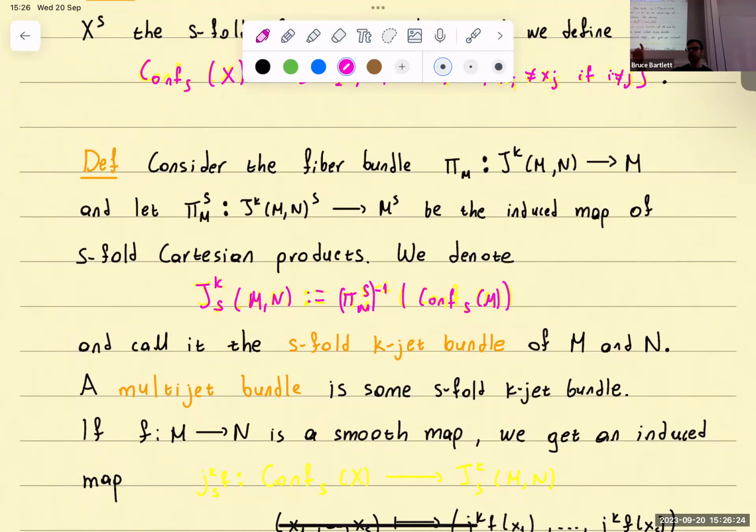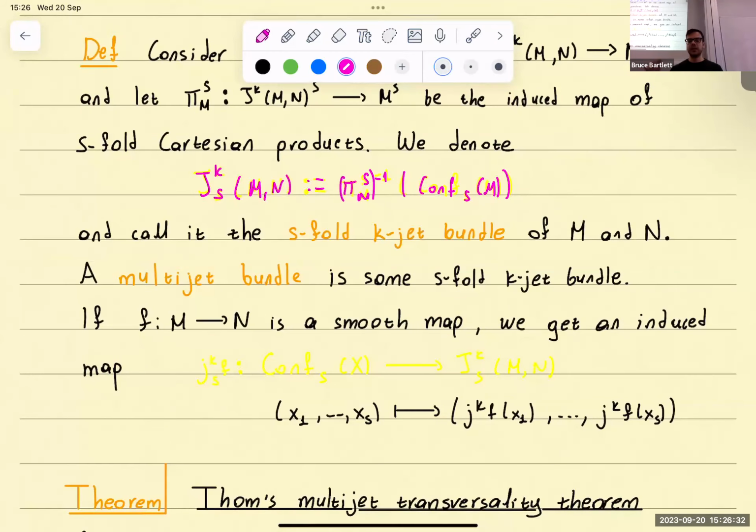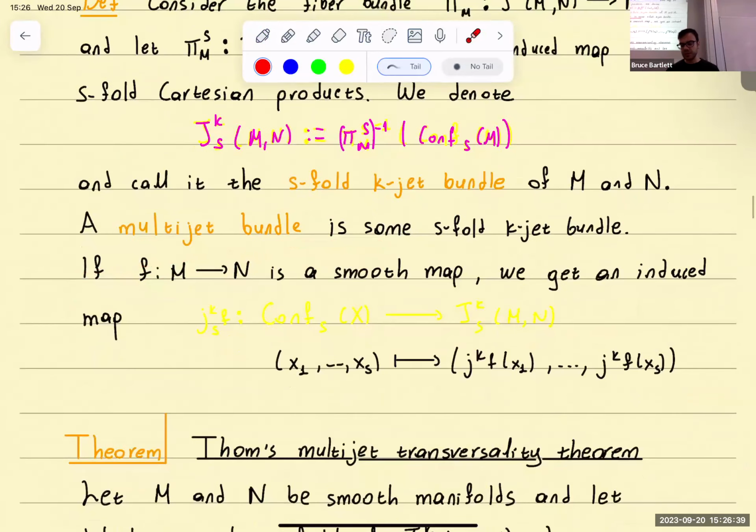Pairwise, the base points in the s-tuple must be different. That's what's called the s-fold k-jet bundle of M and N, and the multi-jet bundle is some s-fold k-jet bundle. That's just what the multi-jet bundle is.